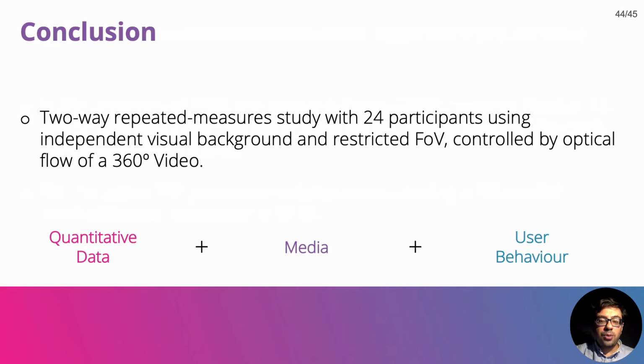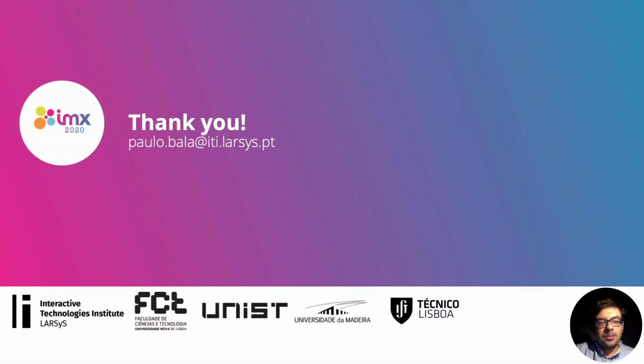Using a fusion of quantitative data, knowledge of the media, and the knowledge of the user behavior, we were able to understand if and when these techniques worked, pointing out improvements needed for future studies and for generalization.